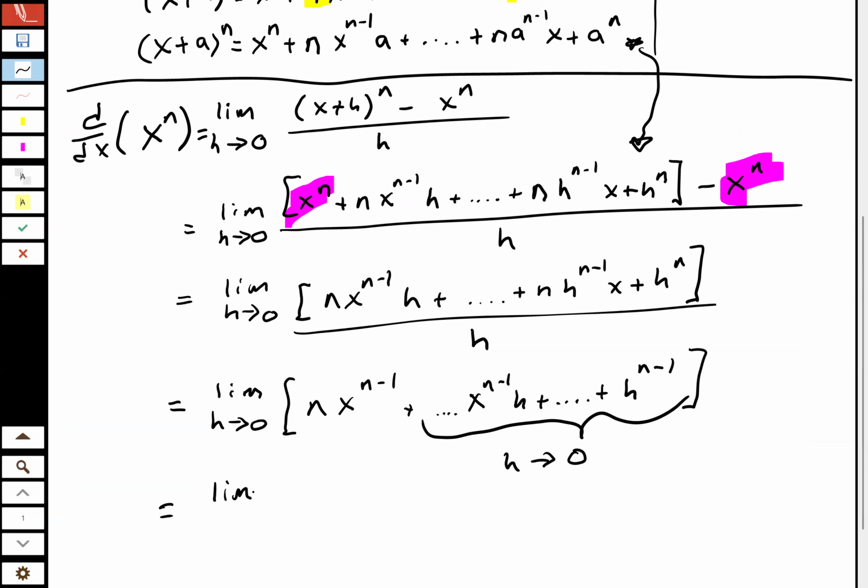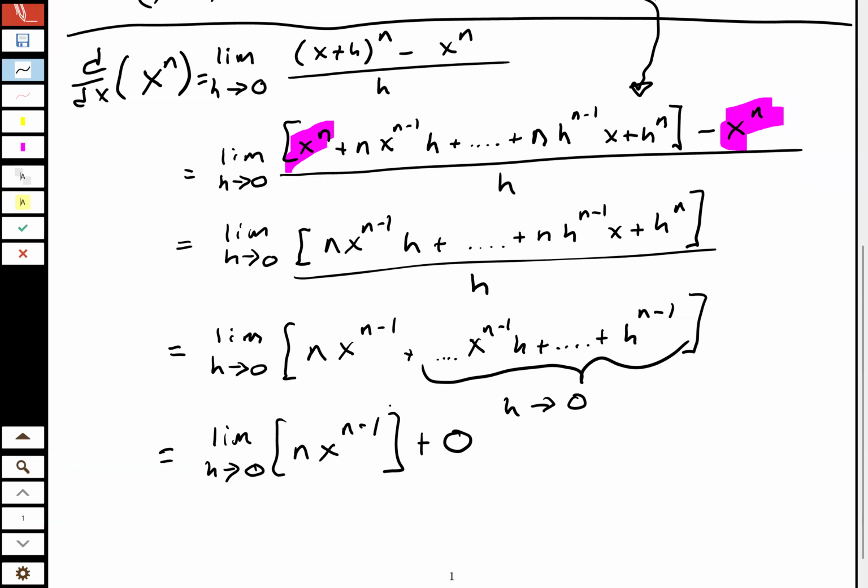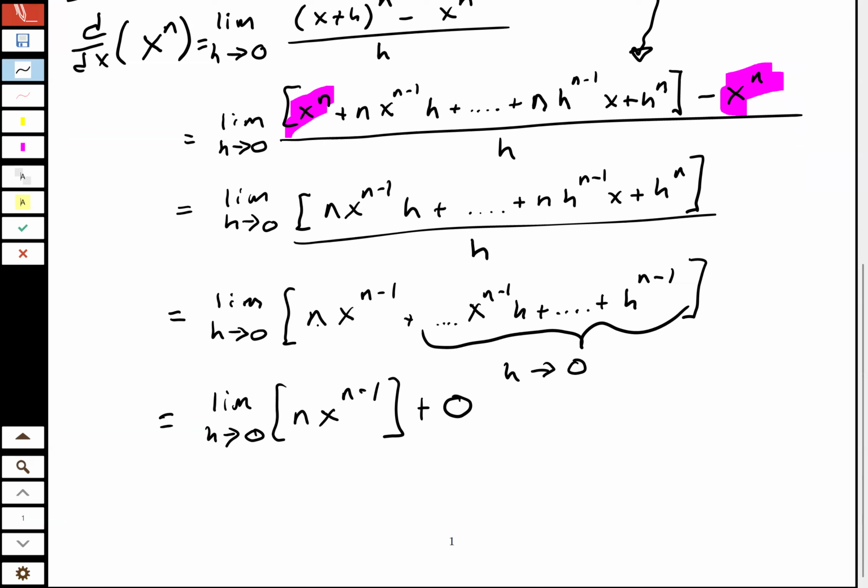So I've got the limit as h goes to 0 of n times x to the n minus 1 plus all that stuff, which goes away. And the only piece that's left is this one piece that we were able to cancel that single h, that single term that was left over of n times x to the n minus 1.